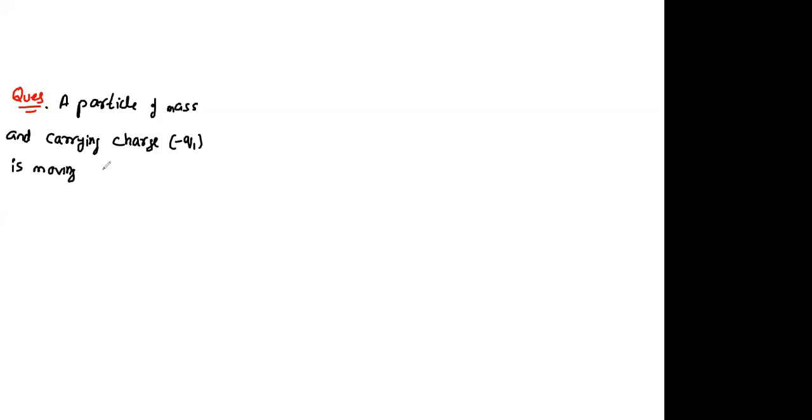So the next question is: a particle of mass m and carrying charge minus q1 is moving around the charge q2 along a circular path of radius r.